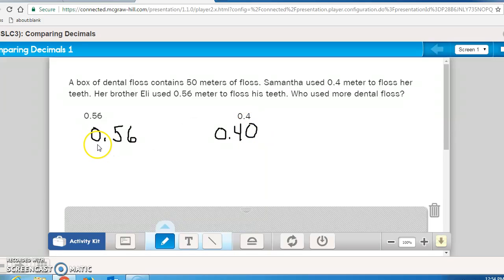So if we look at place value, the zeros are equal to each other. The two numbers in the tenths place are different. 5/10 is more than 4/10. So right away I know that 0.56 or 56/100 is more than 0.40, which is 4/10 or 40/100.